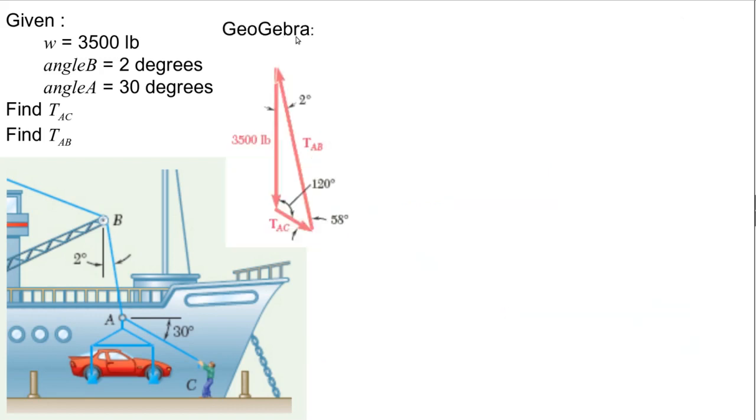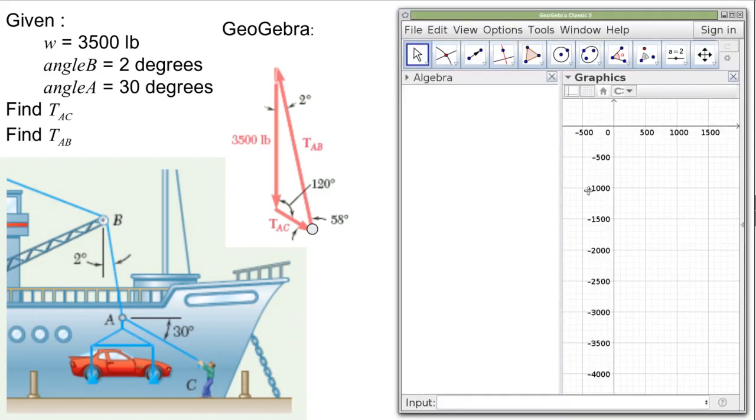I'll be using GeoGebra to work this, and we'll start with this force triangle drawing. So GeoGebra here. First thing I want to do is put a point at 0. I always like to call that O equals 0, 0. So I put a point there.